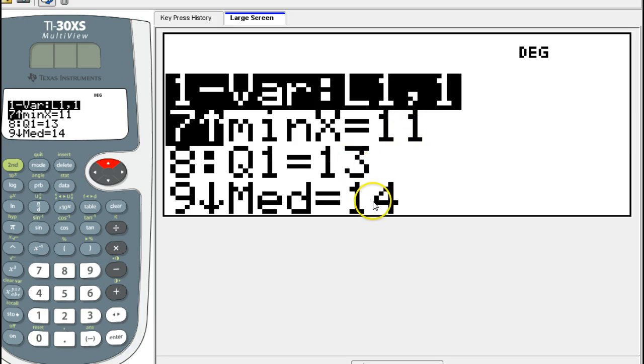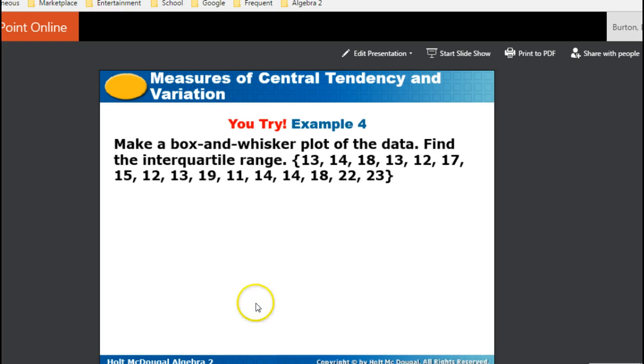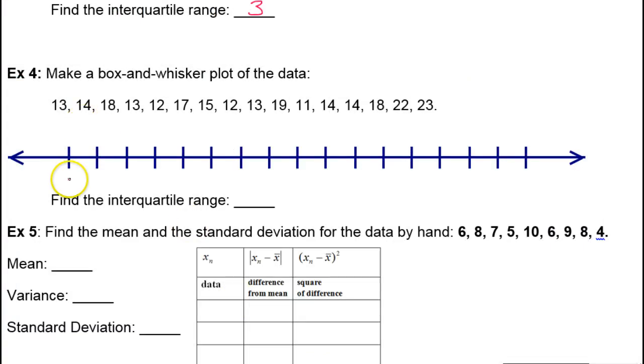So we have 11, 13, 14. I'm just going to plot this on my number line. Probably if I start at 10, 11, 12, 13, 14, 16, 17, 18.